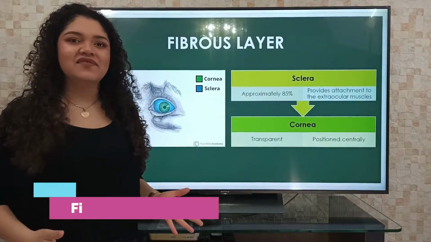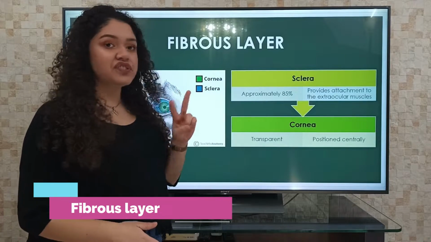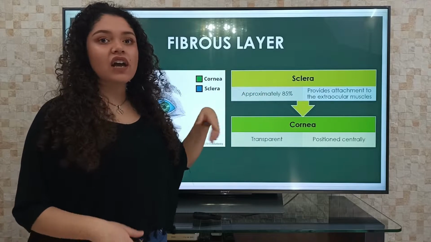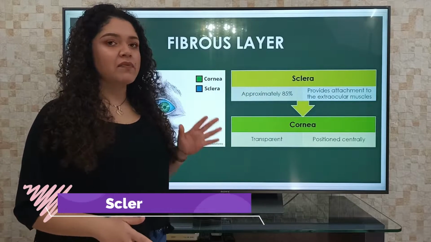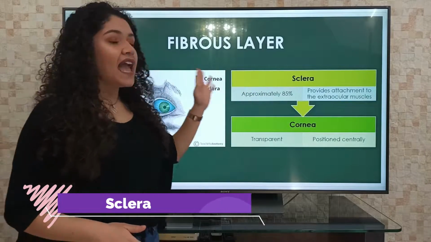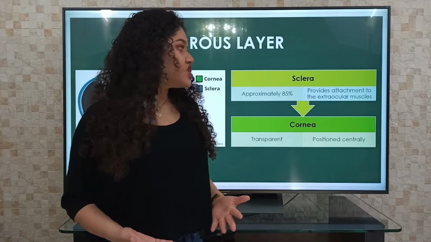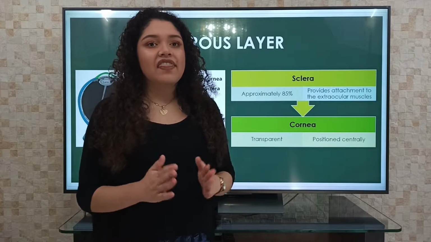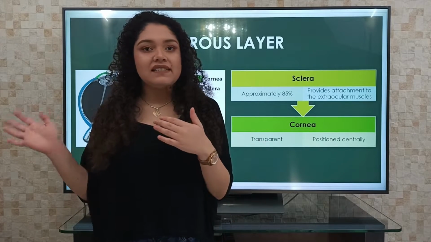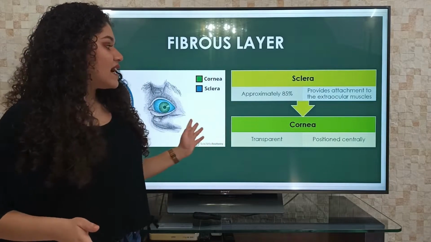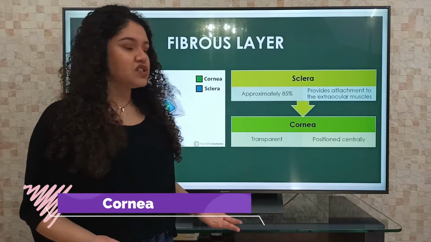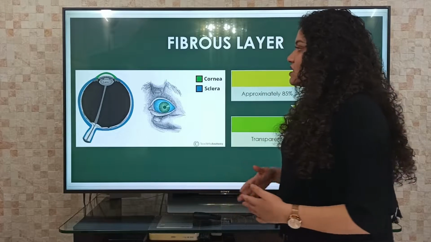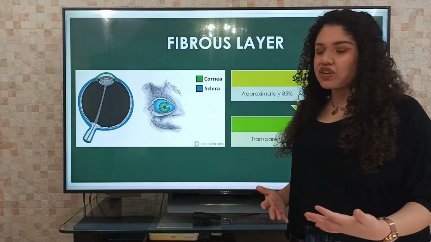And we can divide the fibrous layer into different structures: the sclera and the cornea. The sclera composes approximately 85% of the fibrous layer, and one of its most important functions is that it provides attachment to the extraocular muscles. Thanks to that, we can move the eye side to side. And the cornea is transparent and also positioned centrally.